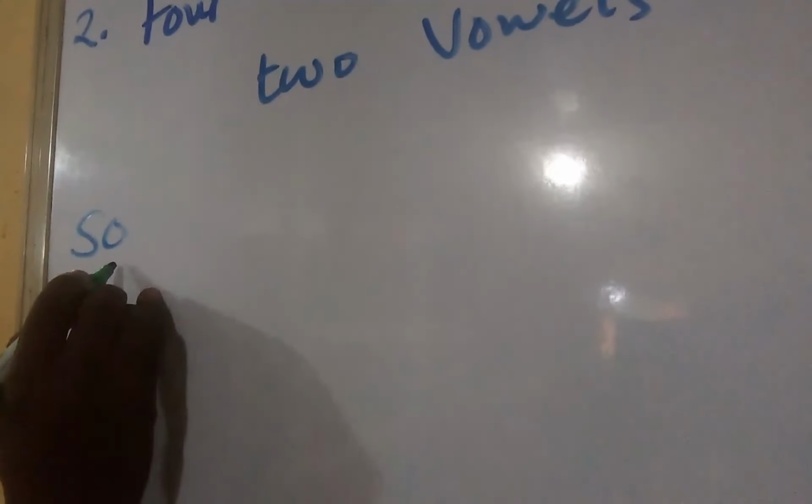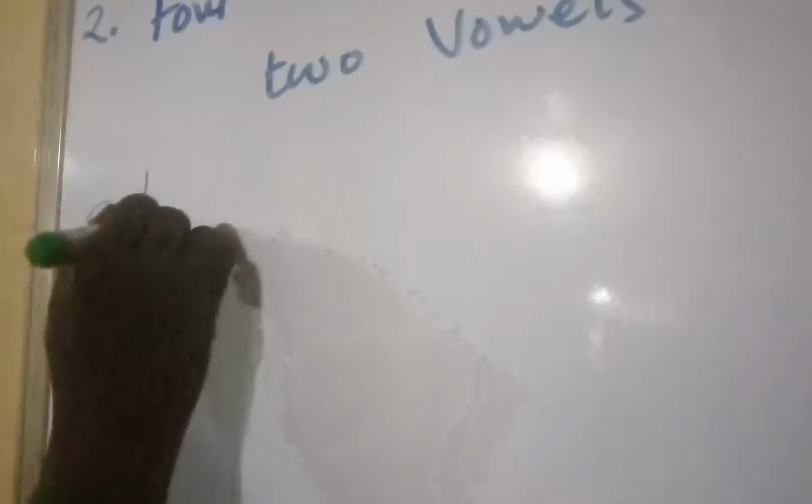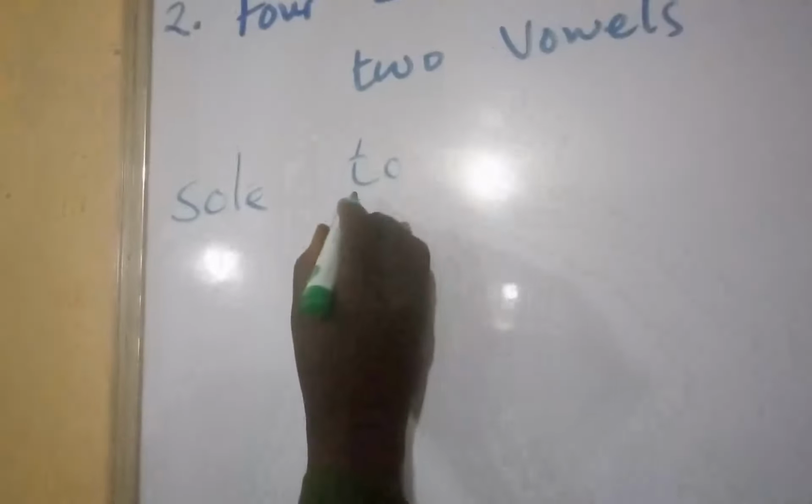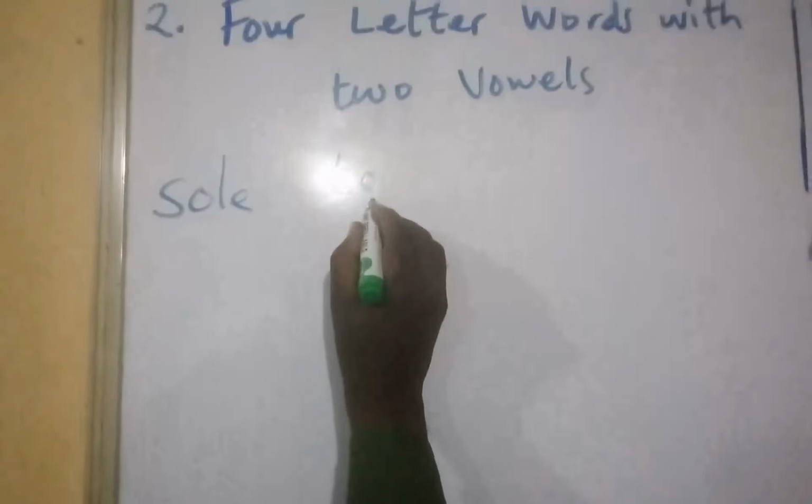So with this, soul. And this is what? To with this, tone, right? And the last one is what? Zo with this, zone.